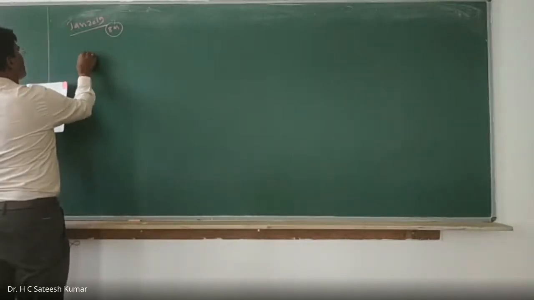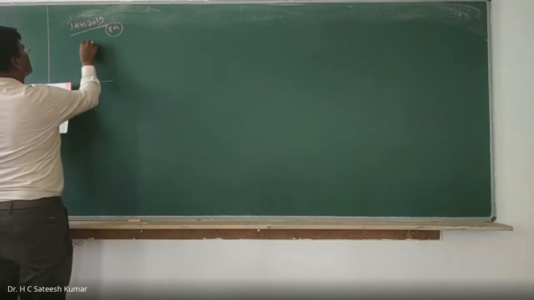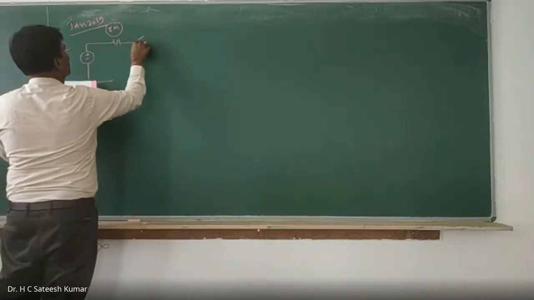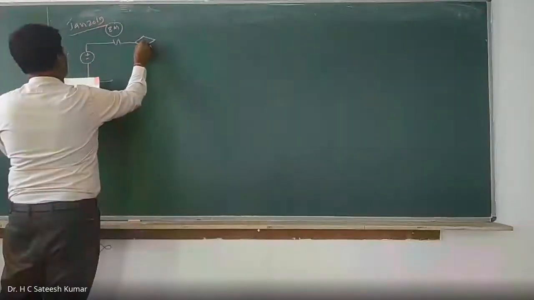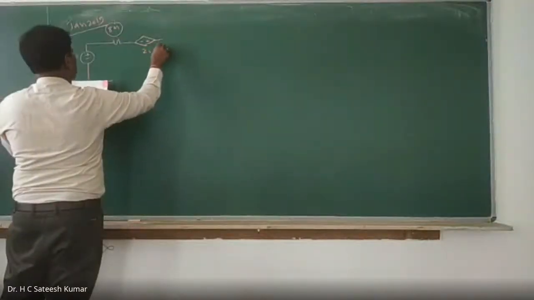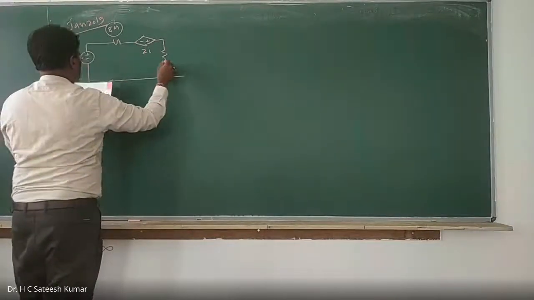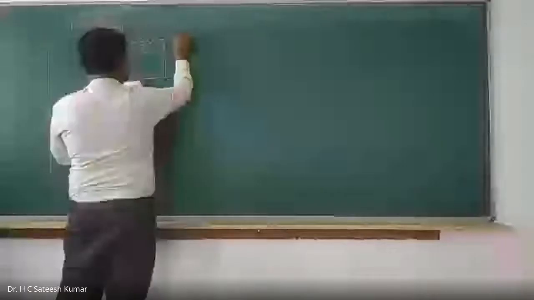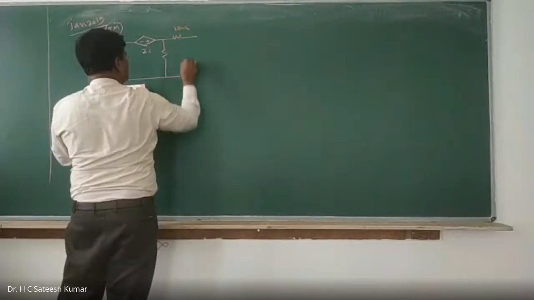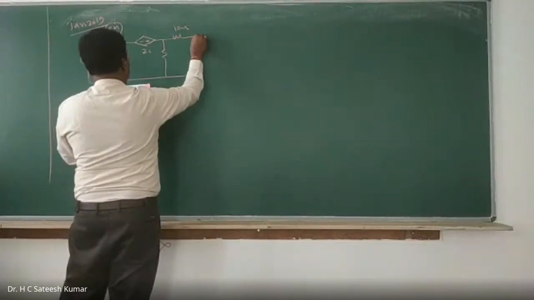Plus minus one resistance, and then we have minus plus 2I, and the resistor is something like this, and this is 10 ohm. Okay, right.